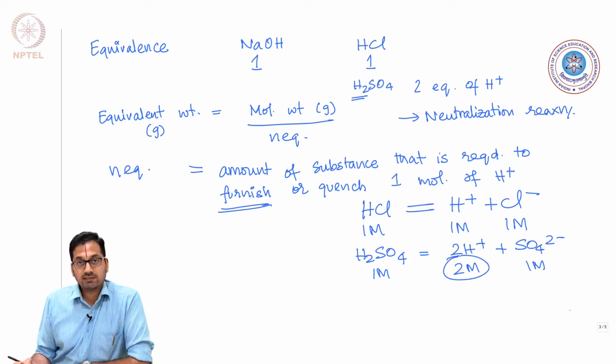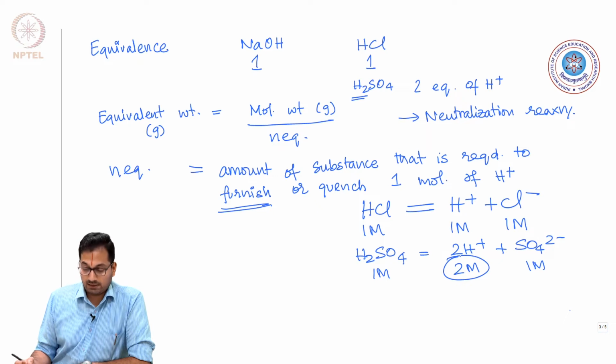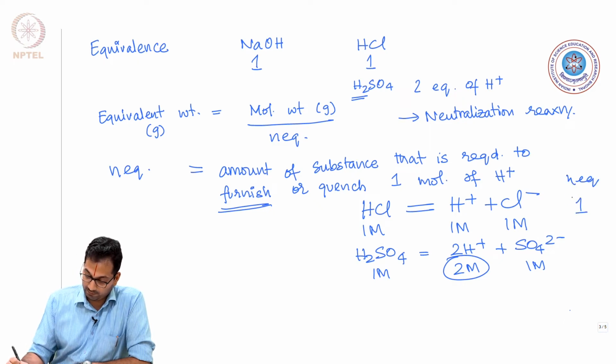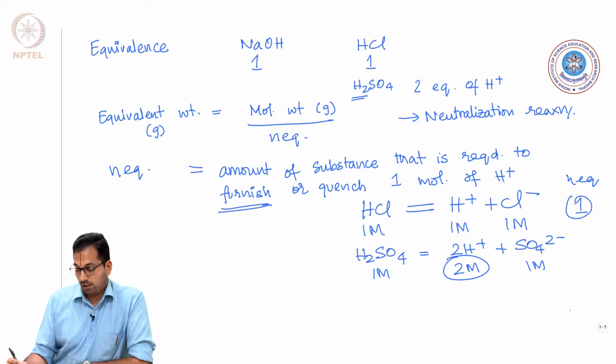So this is where the equivalence comes from. For HCl, the number of equivalents is 1. On the other hand, the number of equivalents for H2SO4 is 2.